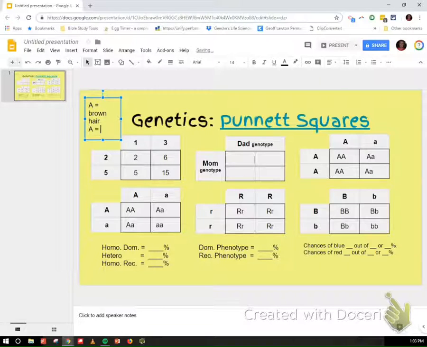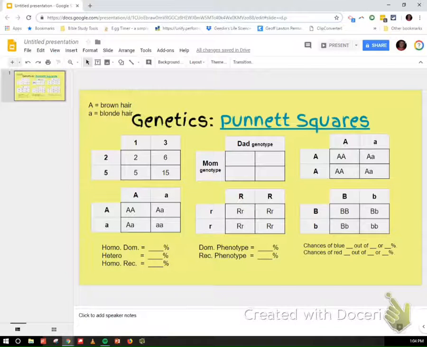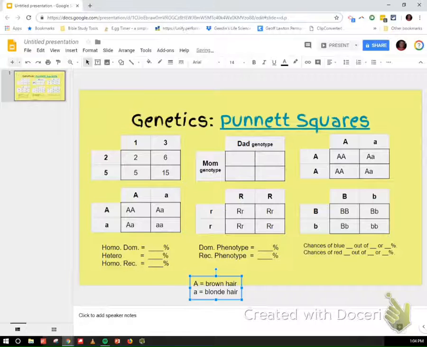Little a equals blonde hair. The letters do not matter. They do not have to match. All right, so we have our little key. We'll drop this down here so we can see it. So we've got big A is brown hair, little a is blonde hair.